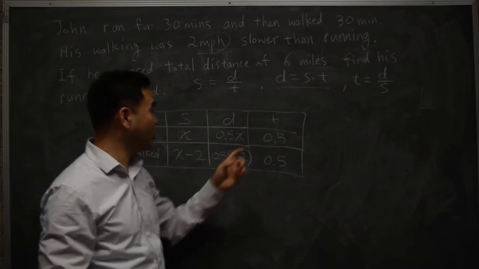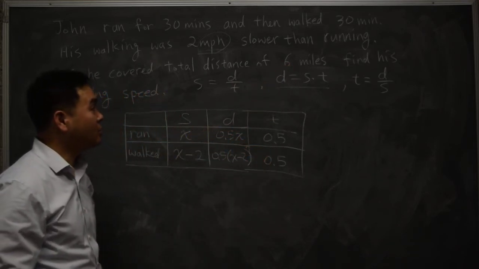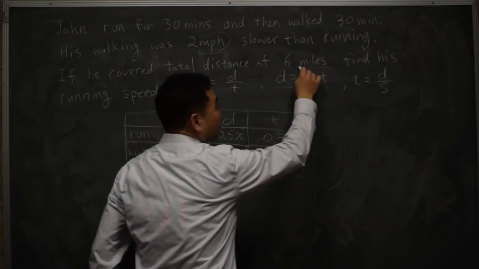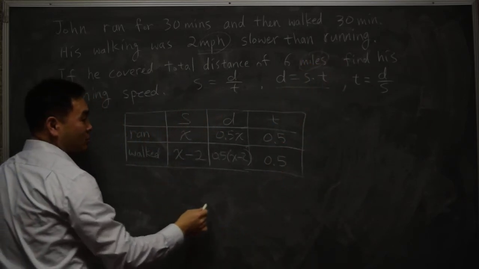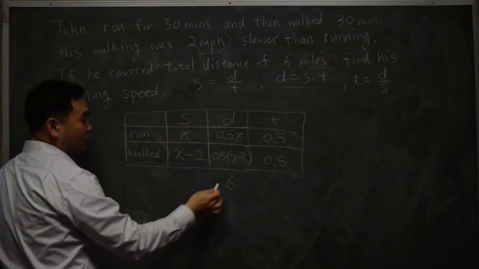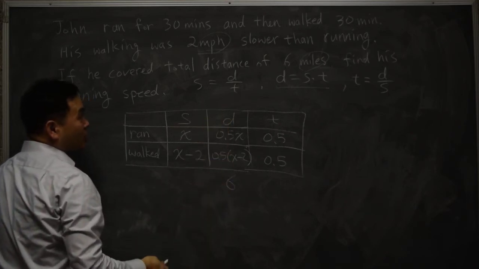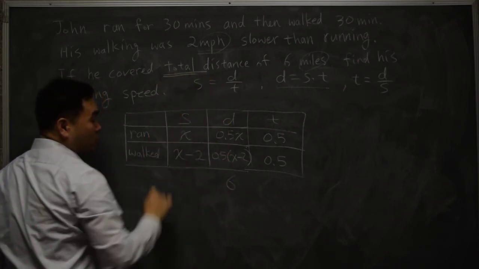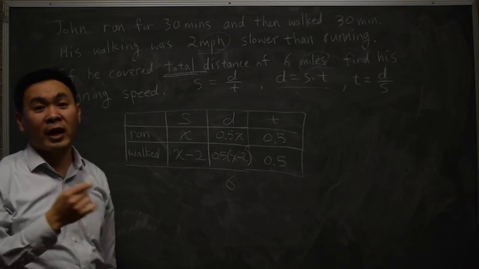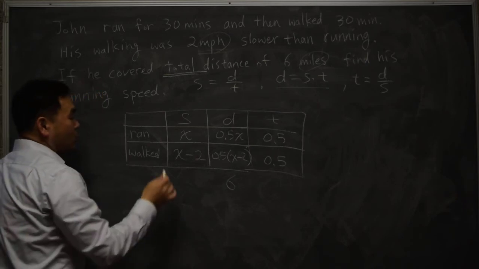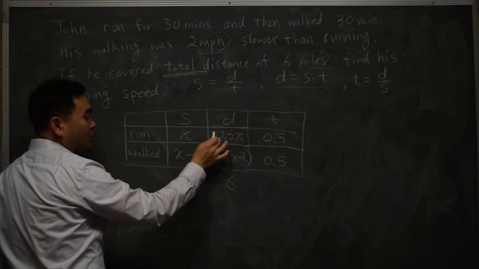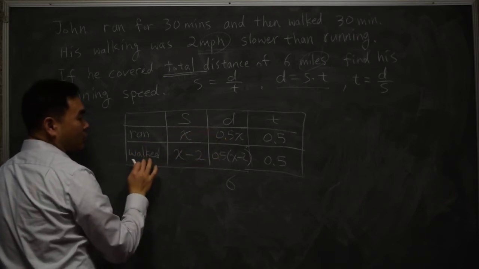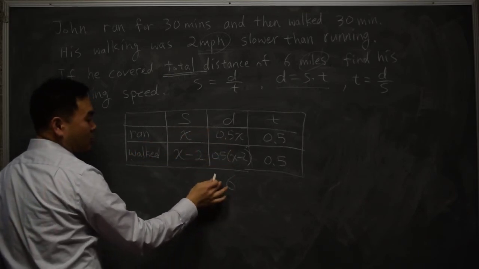This 6 appears nowhere in here. And this 6 has the unit of miles, so it must be about distance. But what is that? Total. Total means you add them up, right? So the distance that he ran and the distance he walked should be added to get you this total.